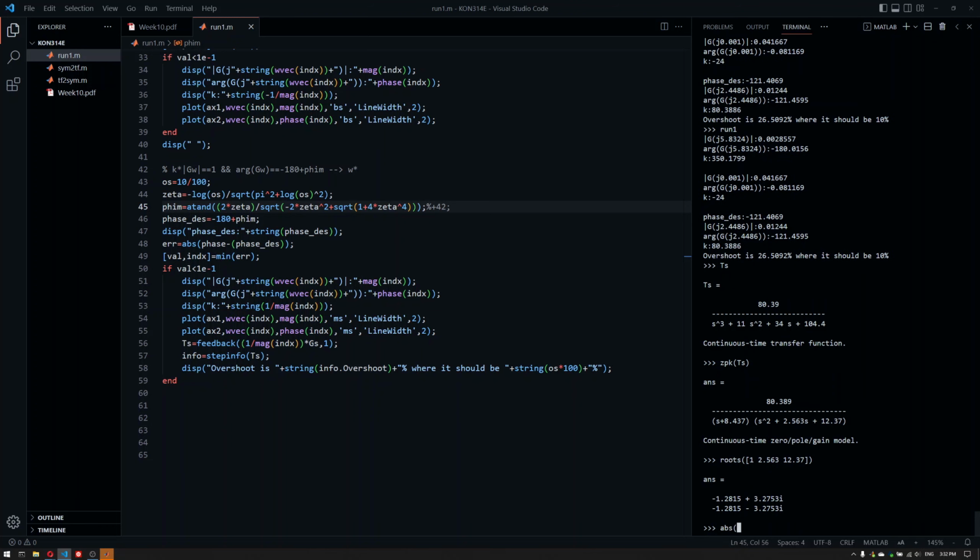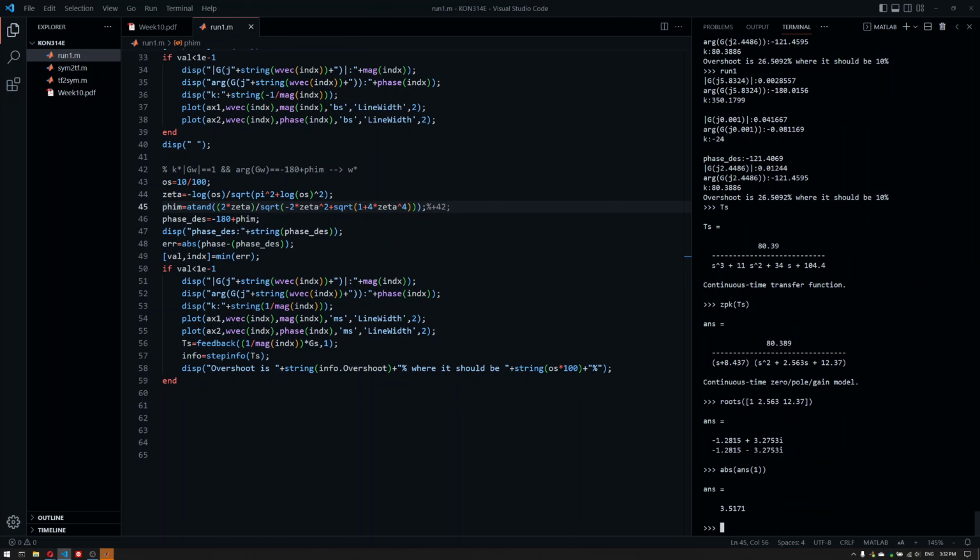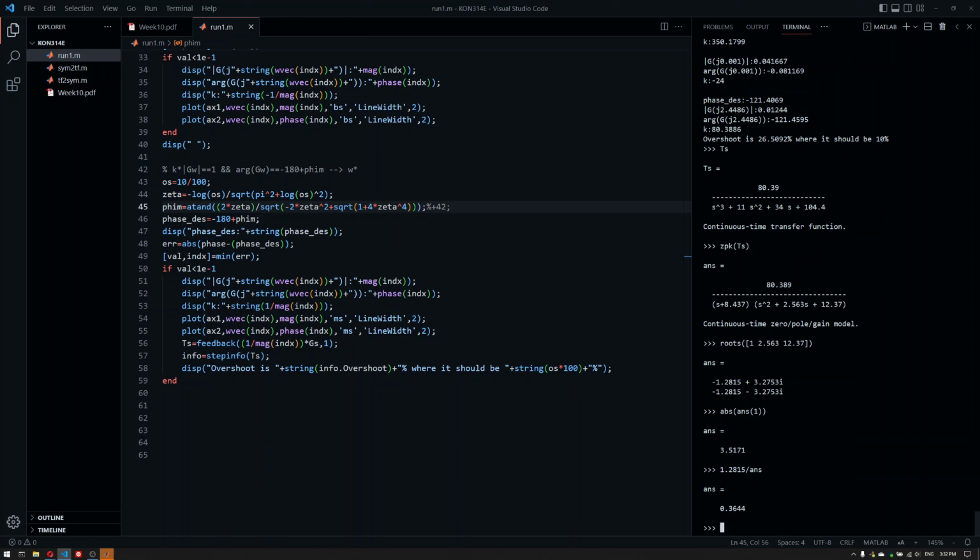So the abs value of one of the roots is this one here. So 1.2815 divided by the answer here gives us 0.3644. You can see that ideally this should be a second order transfer function, and this zeta value should be the exact zeta value that we're after.